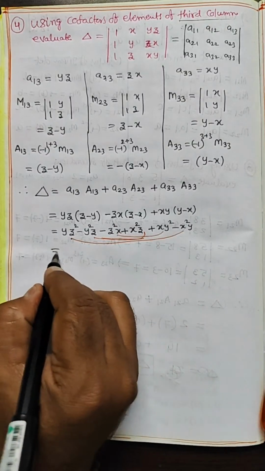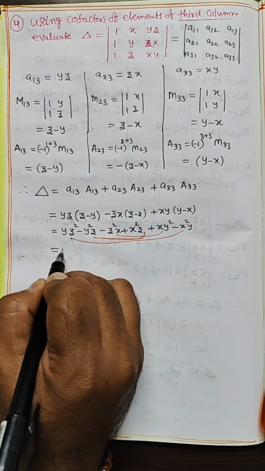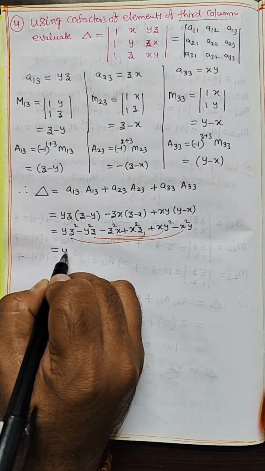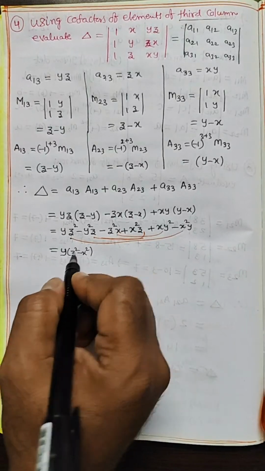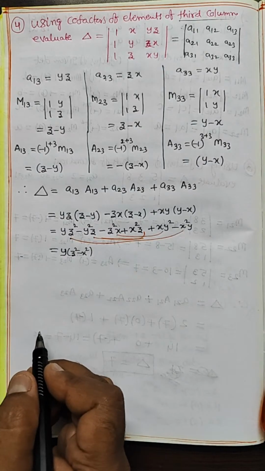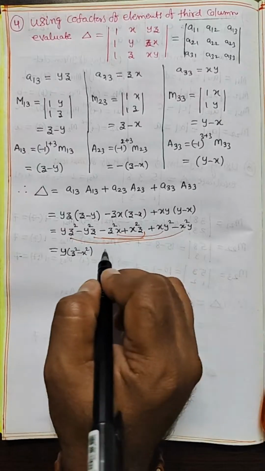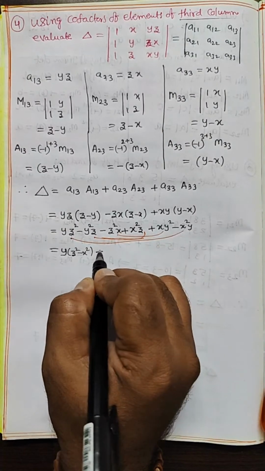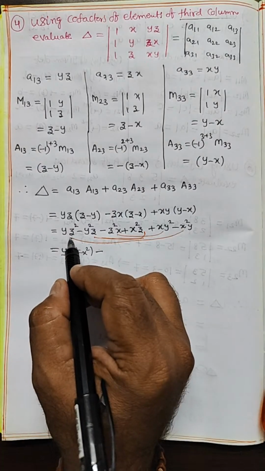So, which is equal to, from these two, if we take y out common, z square minus x square. Okay, no problem, dear students. From these two, z square, where will it be?